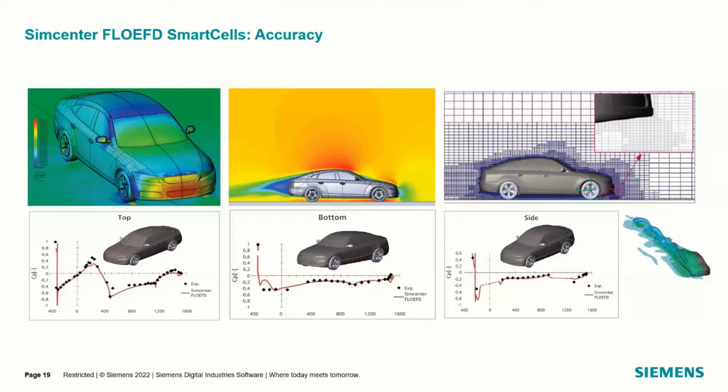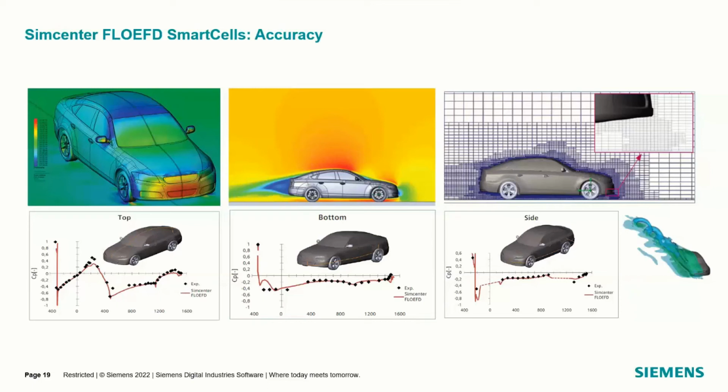And so they could definitely rely on FlowEFD to guide their early design and only have to test a few models at the end rather than all these intermittent models that they used to. So that's one example that I have readily available.